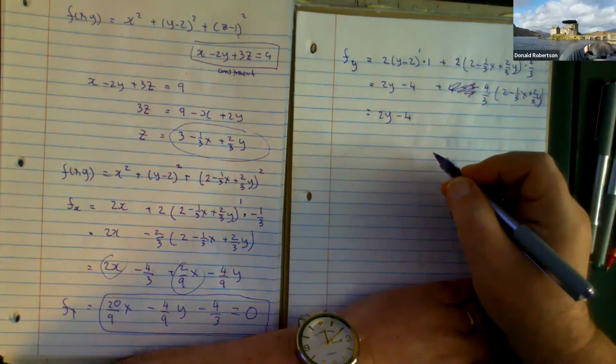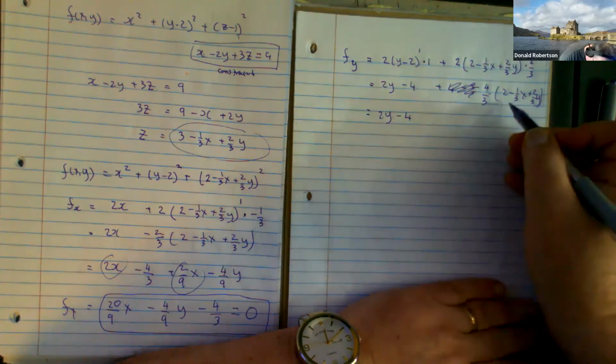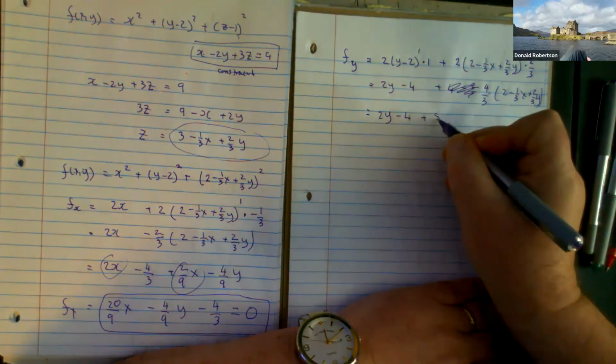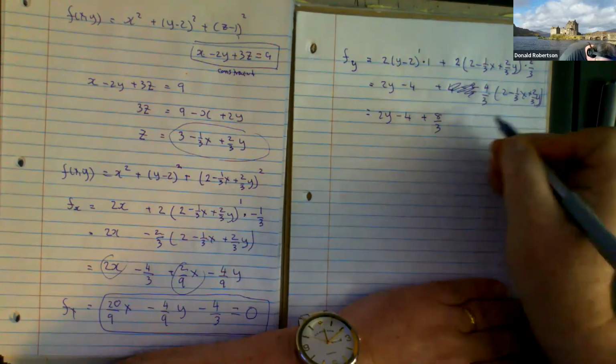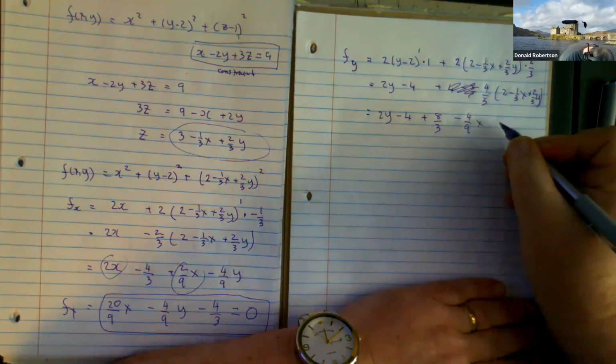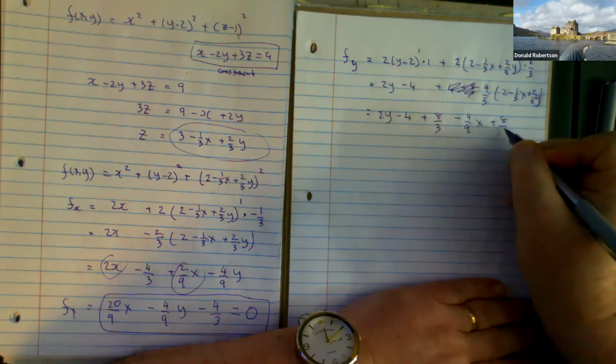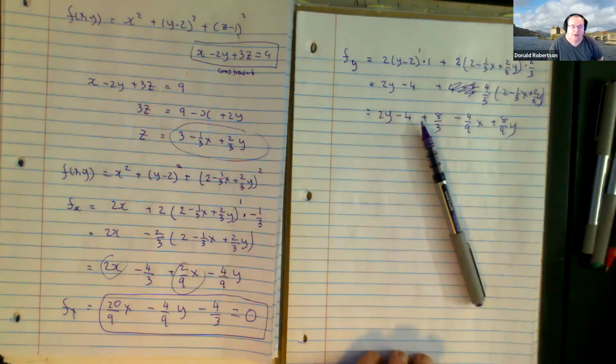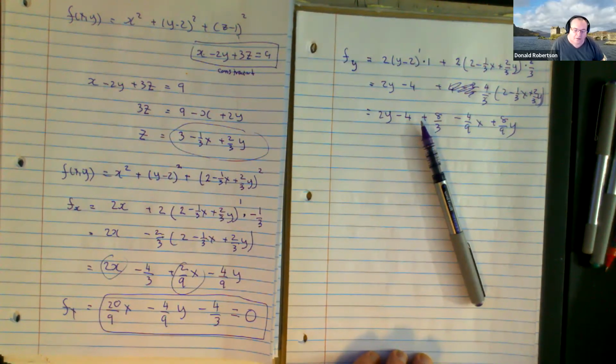Times 2/3. Let me check something. Yeah, 8/3. That times that, -4/9 x, that times that, plus 8/9 y. There we go.